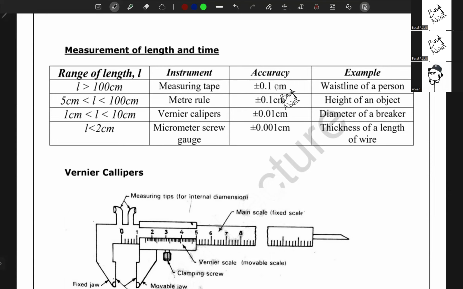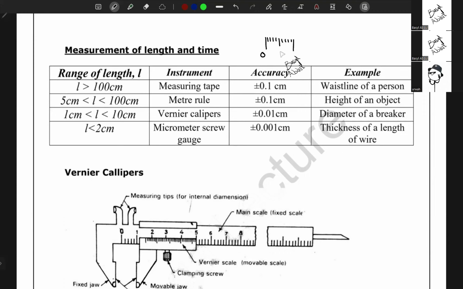What it means is that your measuring tape starts from 0, and then you have these small lines, 1, 2, 3, 4, and then you have a longer line, and then 5, 6, 7, 8, 9, and then you have something like this.